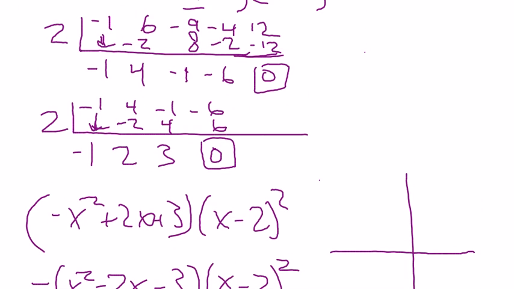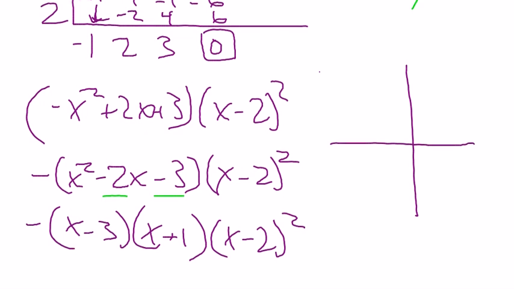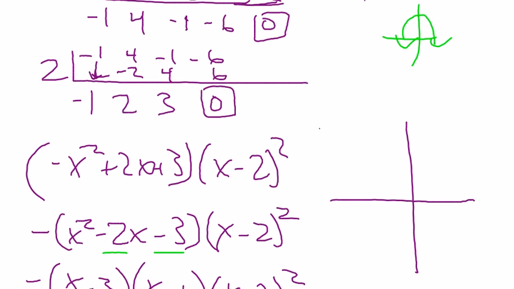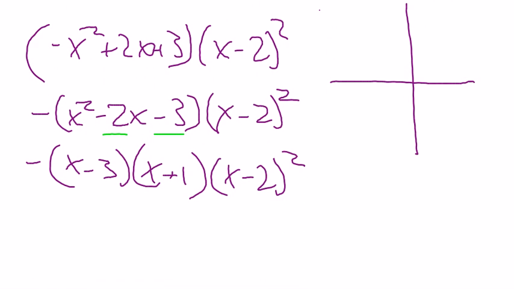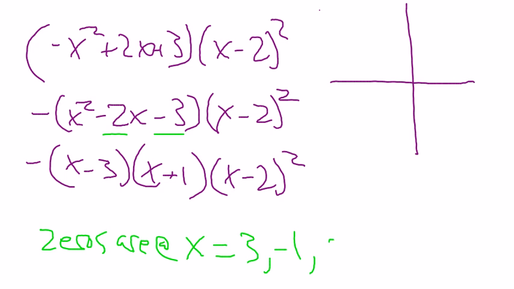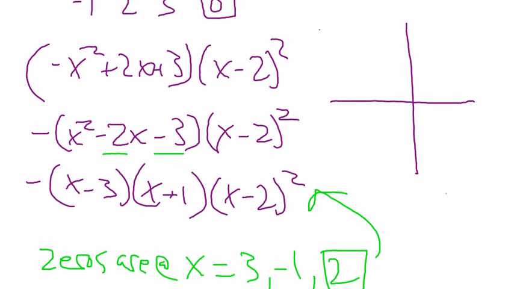So that tells us it's going to behave like negative x squared, which looks like that, goes down and down. So all I have to do really is throw my zeros in there, which are at x equals 3, negative 1, and 2. And I'm going to put a box around the 2 because that's special. It is of multiplicity 2. We'll look back at that in a moment.